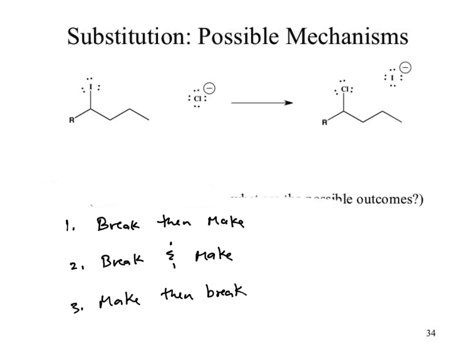What I want to do is go back up to my drawing and ask, what does it mean to make the bond first? The chlorine will take its lone pair of electrons and attack the carbon. I'm taking the negative charge of that chlorine and pairing it with what? The neutral carbon.